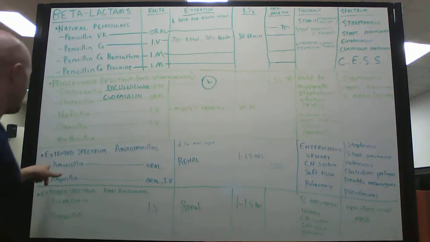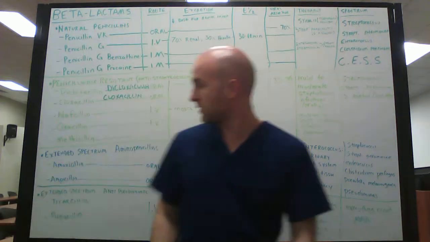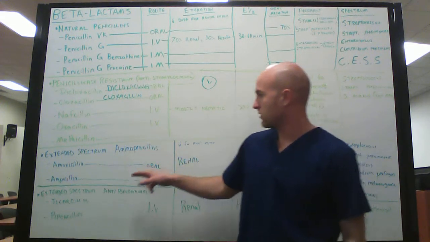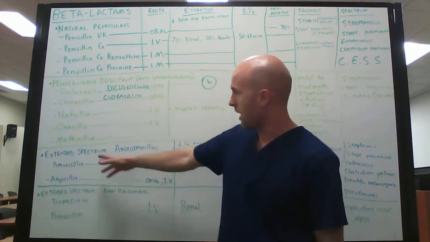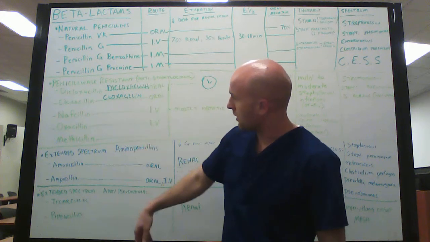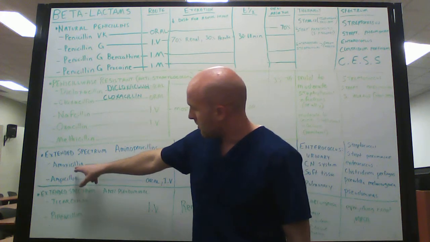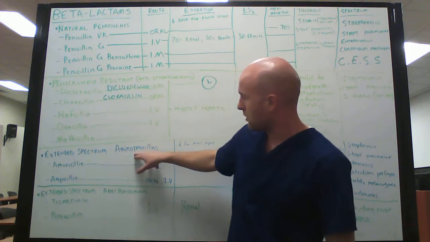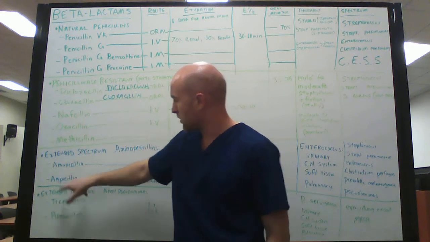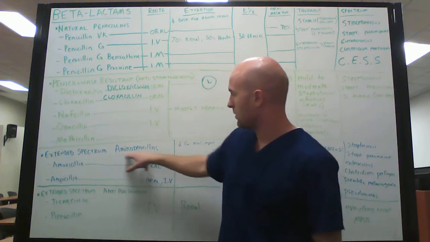Okay, next we have the extended spectrum aminopenicillins. There's two of them. They both start with A, the only ones so far that start with A. Amoxicillin, and it's nice because amino starts with A, and both of these ones start with A. So these are the aminopenicillins.